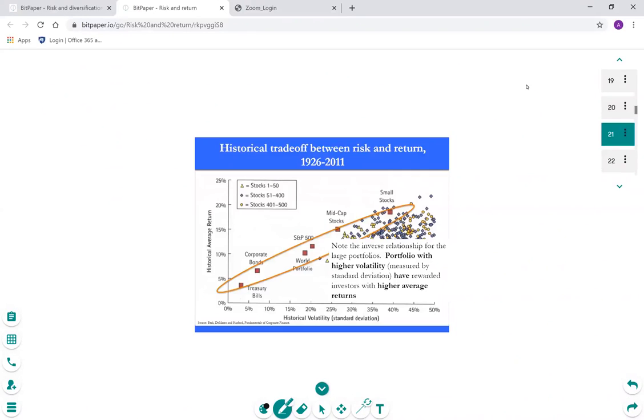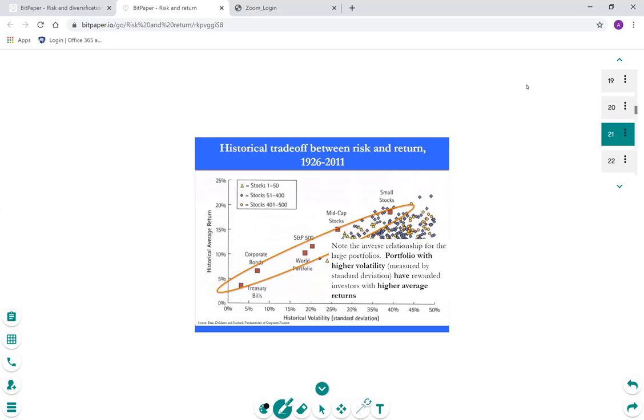Now, one of the characteristic features of this graph is that there's a positive relationship between average return and the volatility, which tells you something about how investors are going to require higher returns when the underlying asset is more volatile.